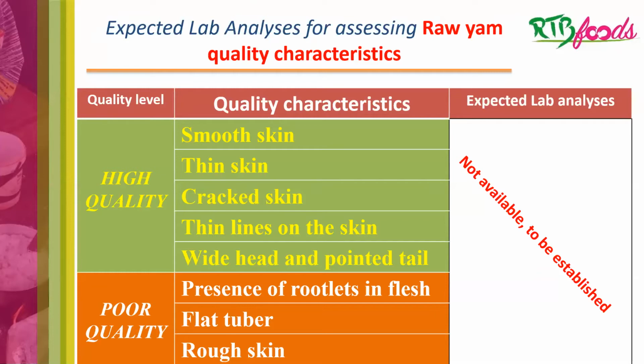And for poor quality, we have the presence of rootlet in flesh, flat tuber, and rough skin. For now, we don't find in the literature any available method to measure those characteristics. So we have to check the method in this way for the raw material.